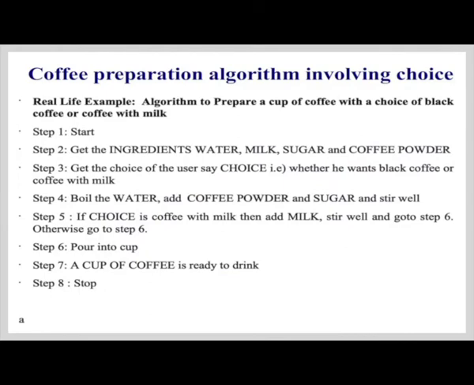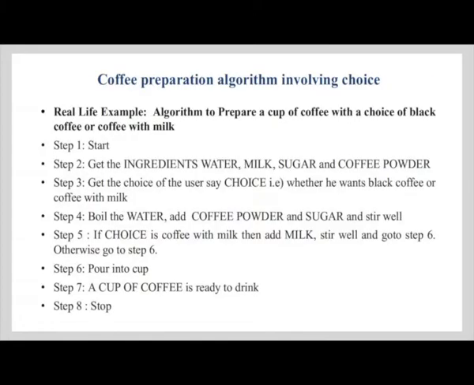See the algorithm for this problem of preparing black coffee or coffee with milk. Here we have a coffee preparation algorithm involving choice. Algorithm to prepare a cup of coffee with a choice of black coffee or coffee with milk. Step 1, start. Step 2, get the ingredients water, milk, sugar and coffee powder.